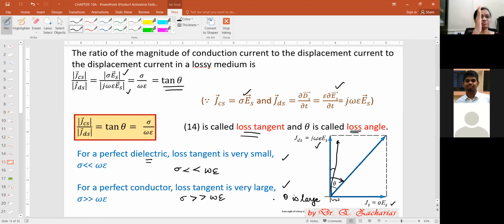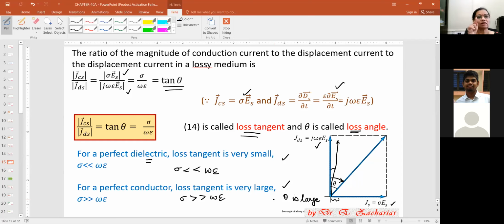Whereas for a pure conductor, the y-axis is not going to be there, only the x-axis will be there, or theta will be close to 90 degrees, and tan theta will be large. Though we call it the loss angle, the loss tangent, remember, for a perfect dielectric, loss tangent will be small, and for a perfect conductor, loss tangent will be large.